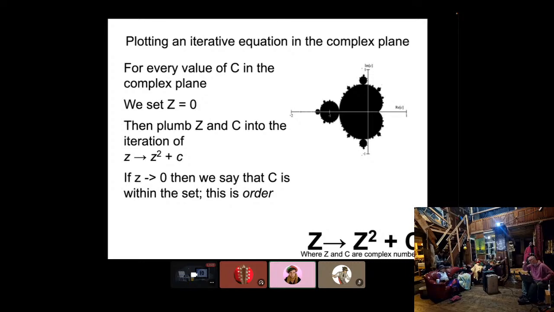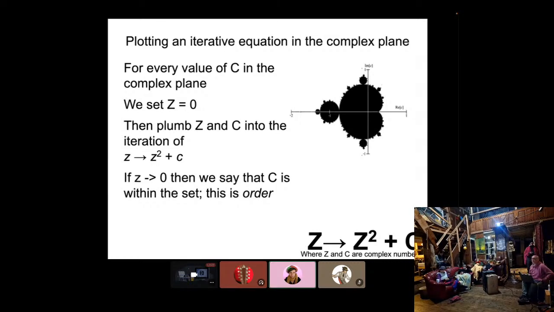That will be the starting point, and we'll move all the way to the other side. We start with Z is 0 and put it into that equation, see what happens to Z, and then at the end of that, we'll do the next value of C.